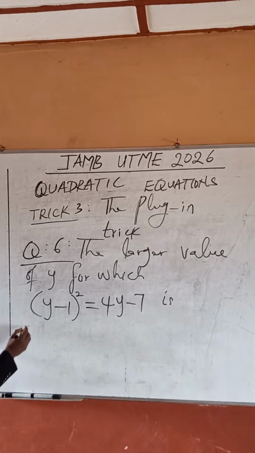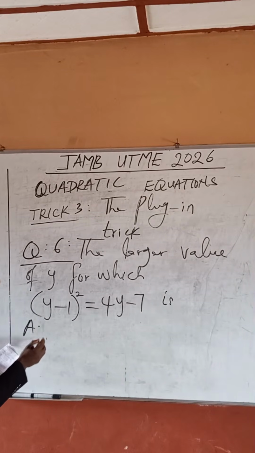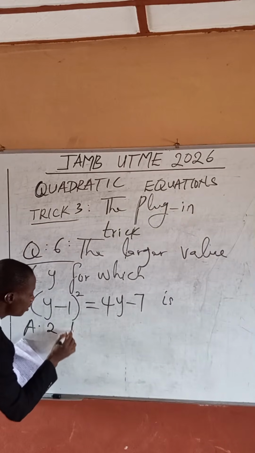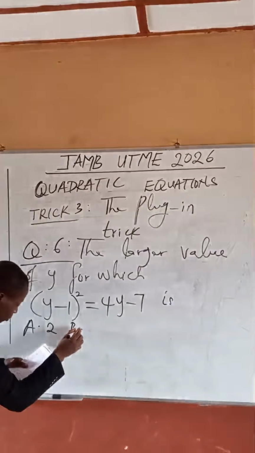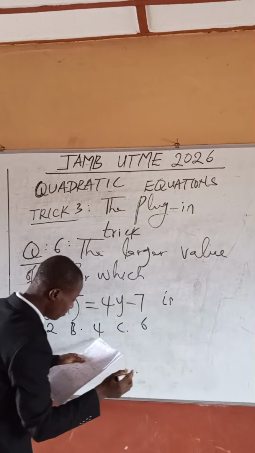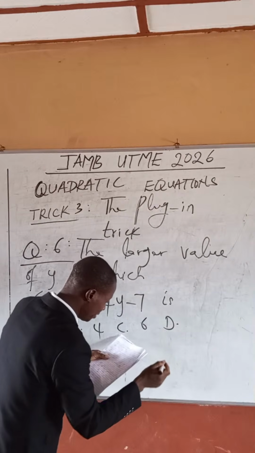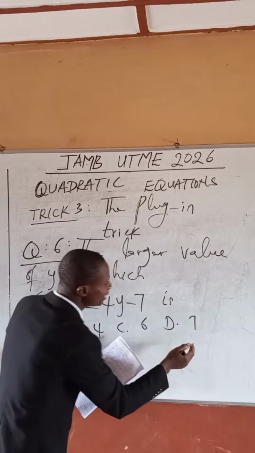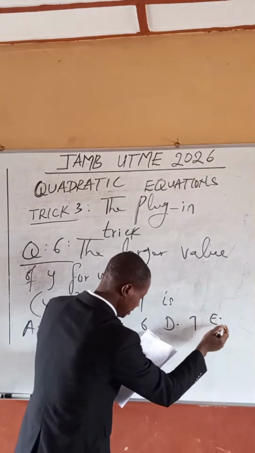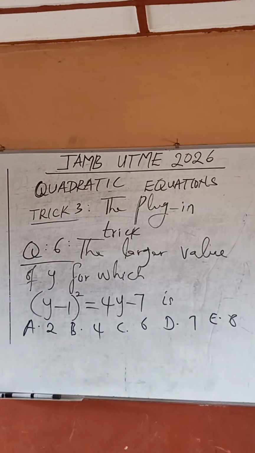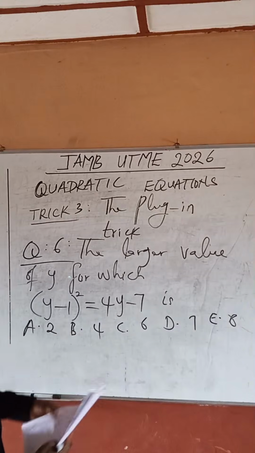A is 2, B is 4, C is 6, D is 7, and E is 8. This is exactly what we are given. I do hope you are following what I'm doing here.